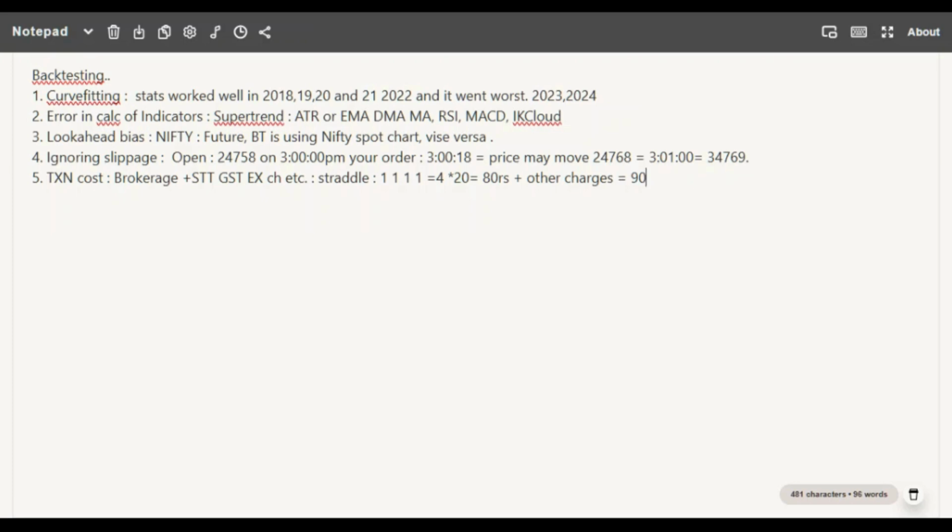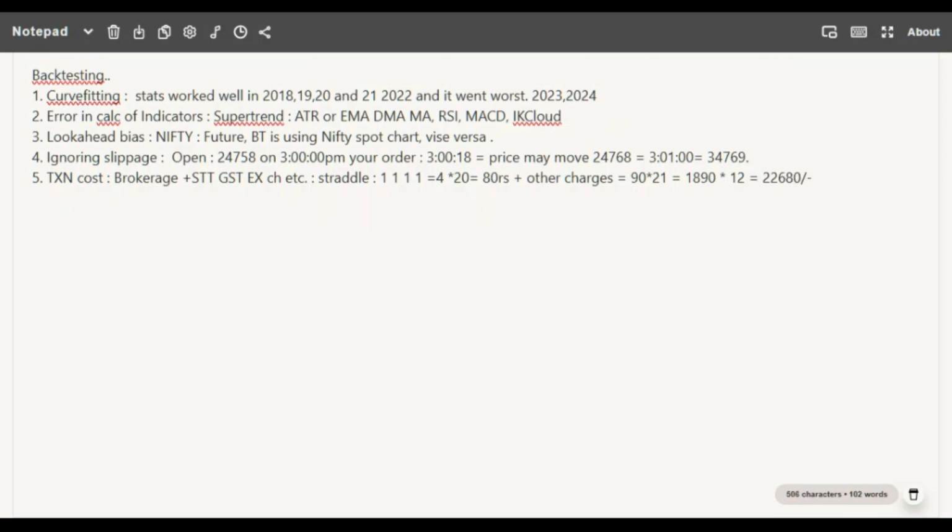So 90 rupees into, you are trading 21 days a month. So 90 rupees into 21 comes to about 1,890 a month, which goes to 22,680 rupees yearly.